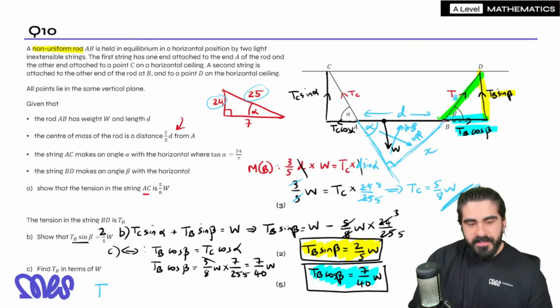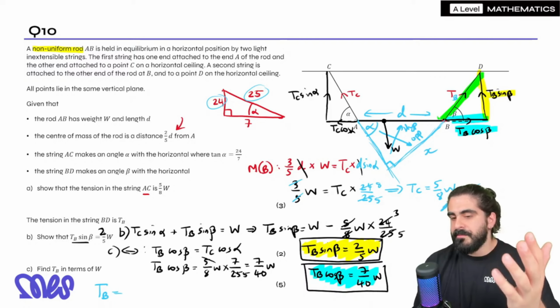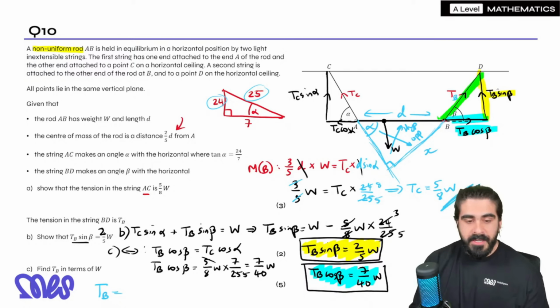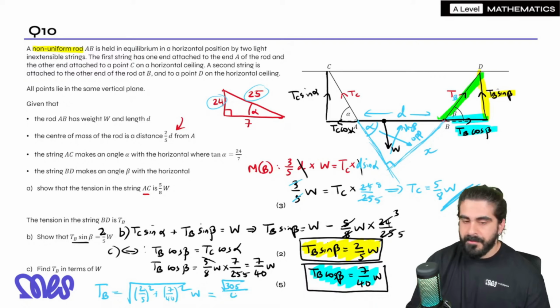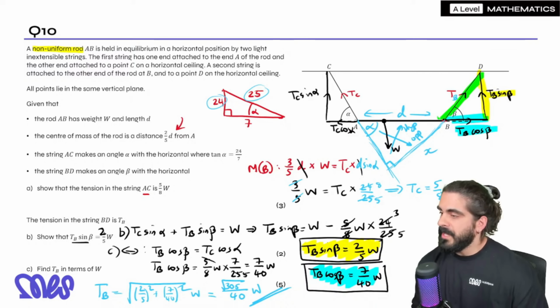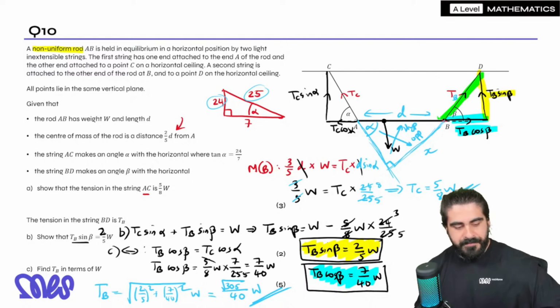Now for Pythagoras, you see they both have W in them. When you square them and root them, it's just going to be W. You just need to do Pythagoras to the numbers, the 2/5 and the 7/40, and just put W there. Everything is squared. Cool. But if you did find beta, it would have given you the same thing. That was a nice question.